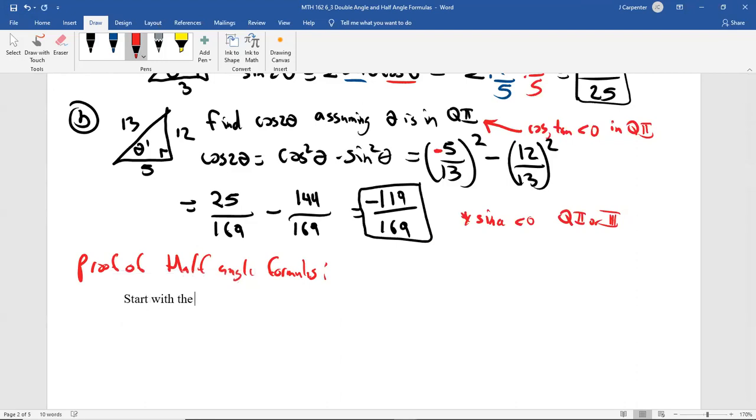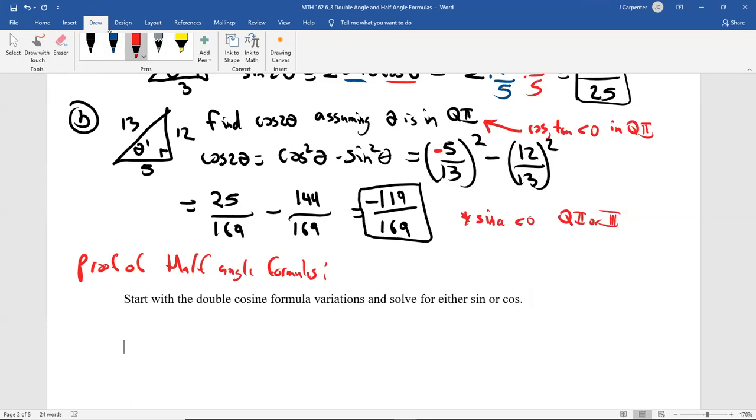We will start with the double cosine formula variations. My typing and what's showing on screen is at a different pace, which is why I keep making these errors. Start with the double cosine formula variations. Solve for either sine or cosine, whichever is present.